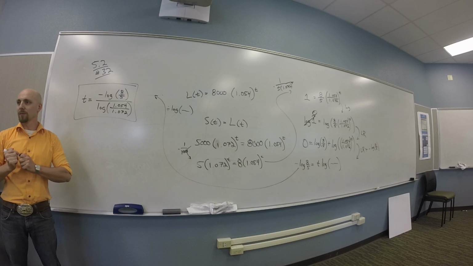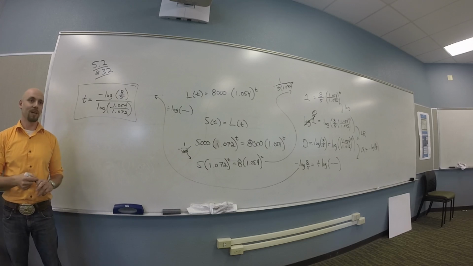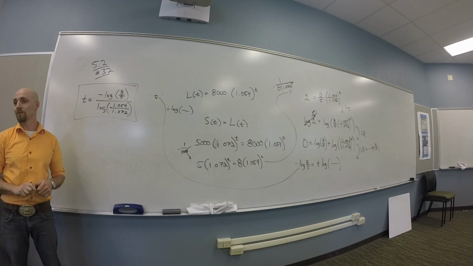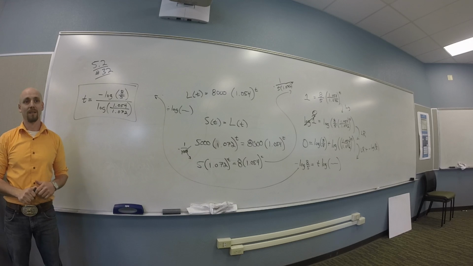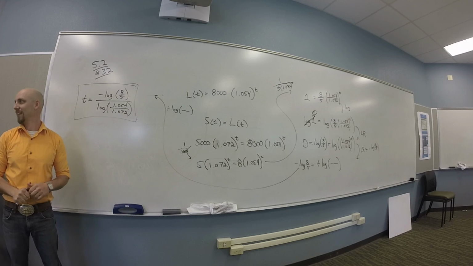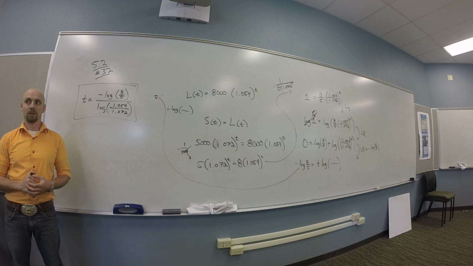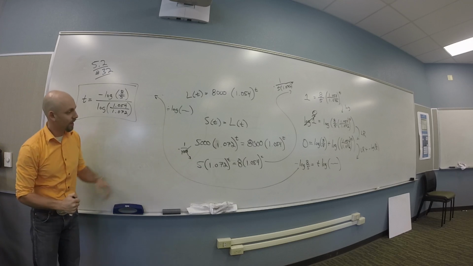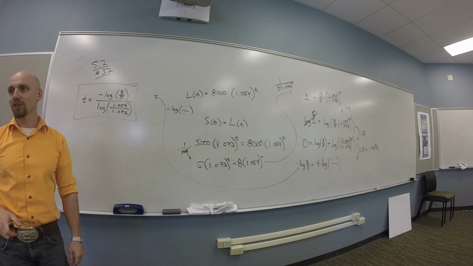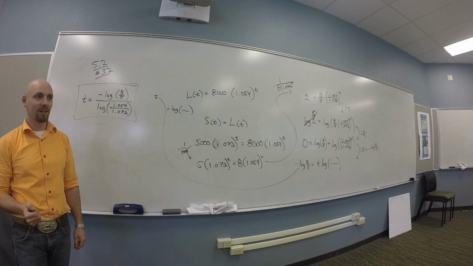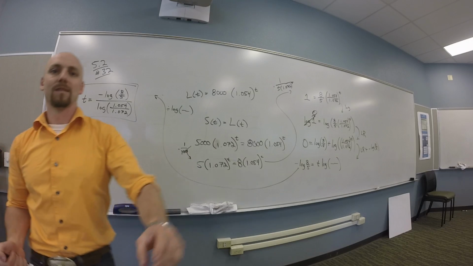If you want an approximation, you cram all this in a calculator, being extremely careful about parentheses. Cool? Questions? No? Okay. This was not, in my opinion, the optimal strategy to solve this thing, but it is a strategy to solve it.